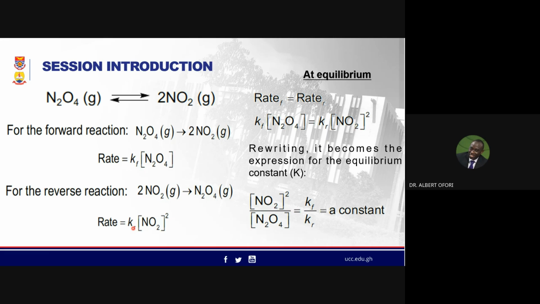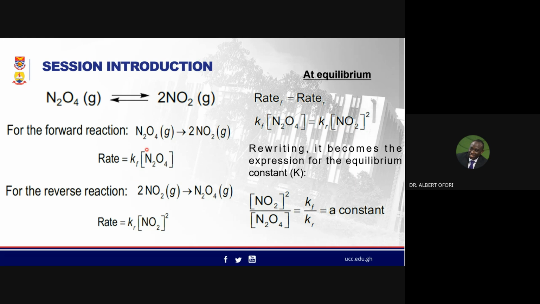And that we should find the rate law. If you remember the 203, we have to establish the rate law by finding the order, and at a point we even find the rate constant. We can use the initial method. We can use a graphical method to establish the rate law. But if it is an elementary step reaction, the order is the same as the stoichiometric coefficient.